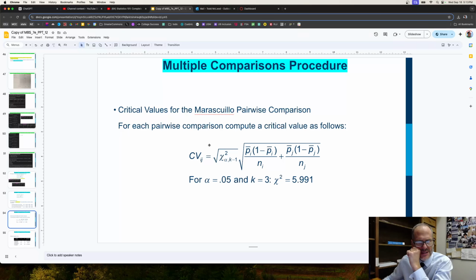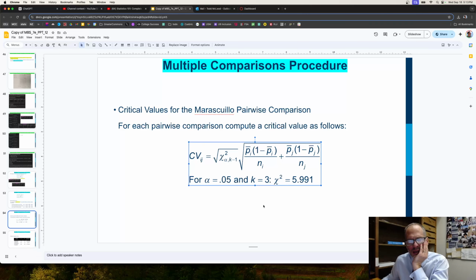Critical values for this pairwise comparison. For each comparison, compute a critical value as follows. For alpha 0.05 and k equal to 3, chi-square is equal to 5.991. And we know that already.